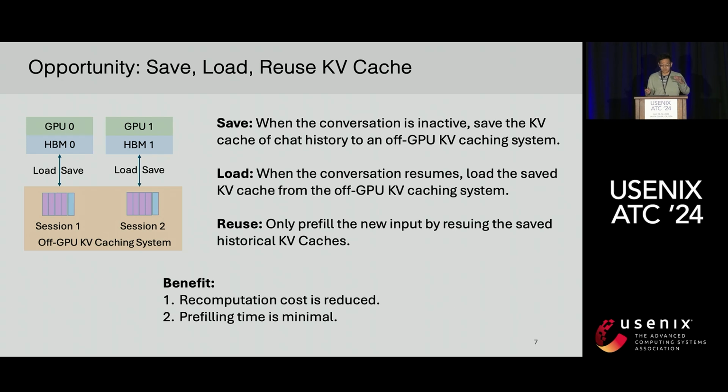By saving and loading the KV cache, we can reuse the KV cache from the chat histories. So the prefilling cost is minimized because the LLM only needs to prefill the new input, and the recomputation cost is also reduced to a minimum.